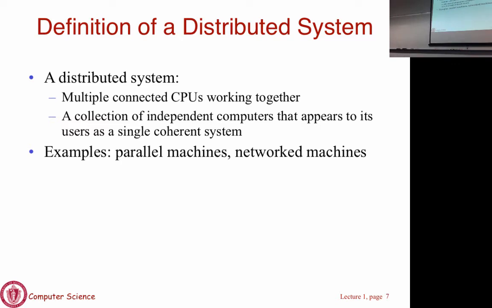because some of the interconnects that parallel systems use resemble a real network of some sort. So I'm going to use a much broader definition, one that actually encompasses parallel systems. This is why I said it's a collection of CPUs, not a collection of machines. Our definition is broad enough to encompass parallel systems, but there is a distinction between them.